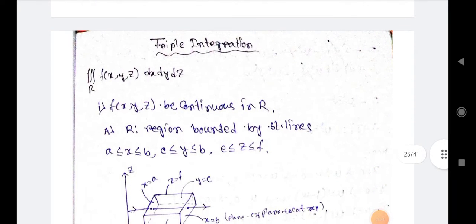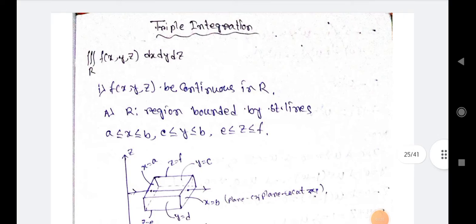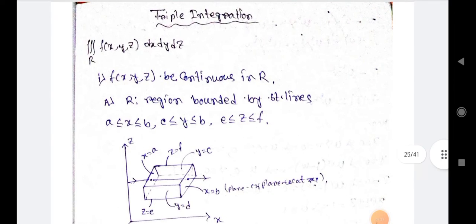Now start triple integral. Triple integration over capital R of f(x, y, z) dx dy dz.